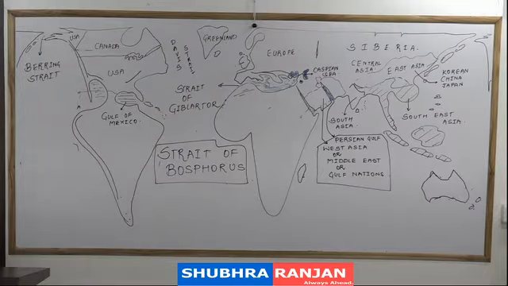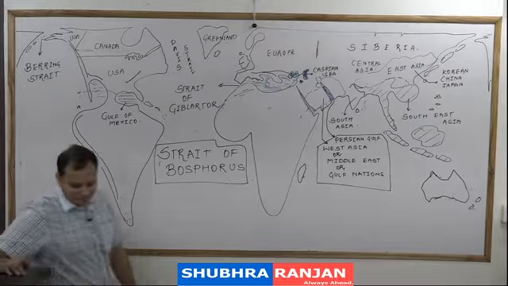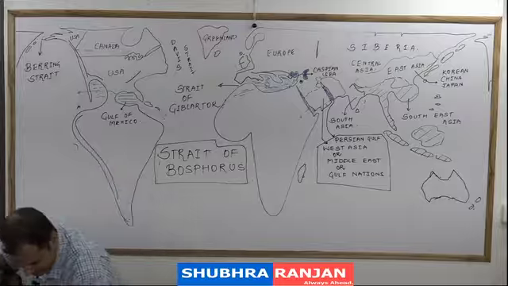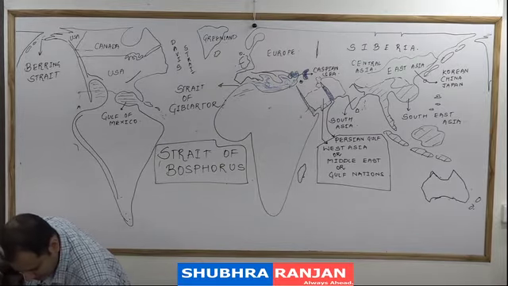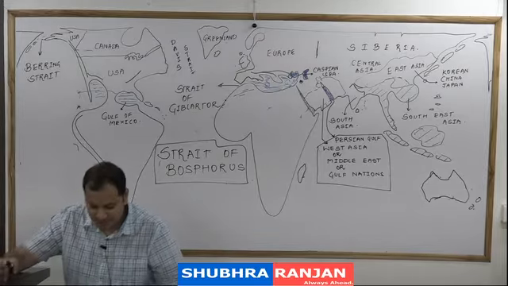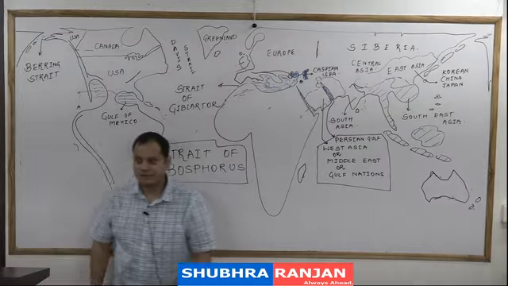Now you open the map of Asia. पीछे जाना, Asia is always after India. It's page number 66 or 67.